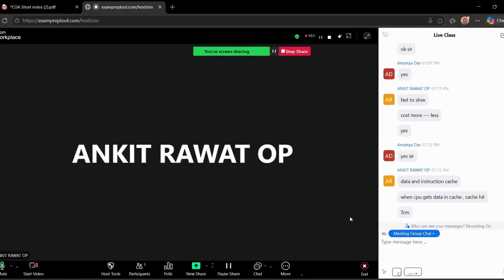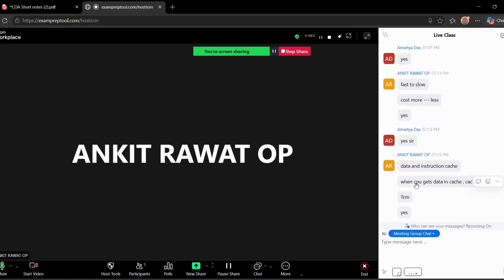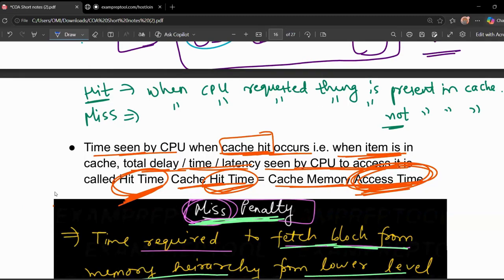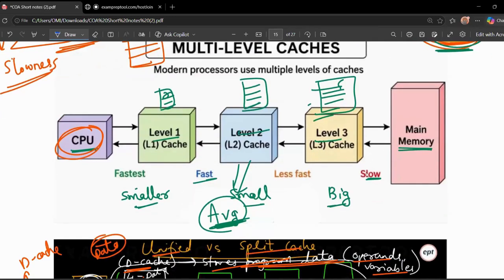If something is missed, because the CPU-requested data is not present, then we have to serve it now. So there is something called the miss penalty: the time required to fetch the block from the lower level of the memory hierarchy.